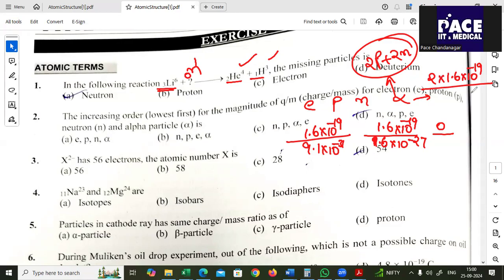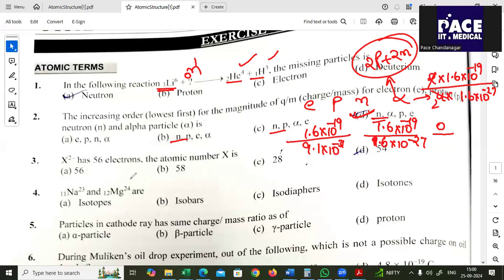Charge of alpha is 2, mass is 4 of proton, each proton mass 1.6 into 10 to the power minus 27. Now you put them in order. Neutron will have the least, and increasing order means the least one you go with first. So neutron is the least here. Then you have your alpha, because you have 2 into this by 4 times this, so half of this. So you just compare it and think.